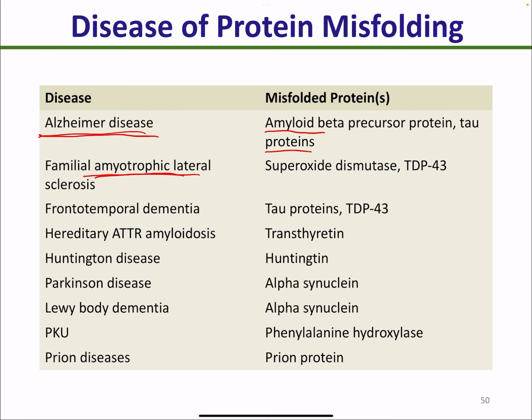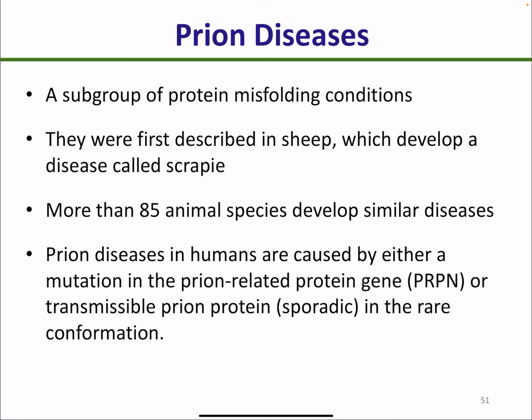This is caused by the misfolding of superoxide dismutase, and superoxide dismutase is an enzyme that plays a very important role in detoxification of toxic forms of oxygen. But let me close that parenthesis. What I want you to remember is that a bunch of misfolded proteins cause a number of issues in our system. I'm not going to go through each of the issues, but that's what I want you to remember.